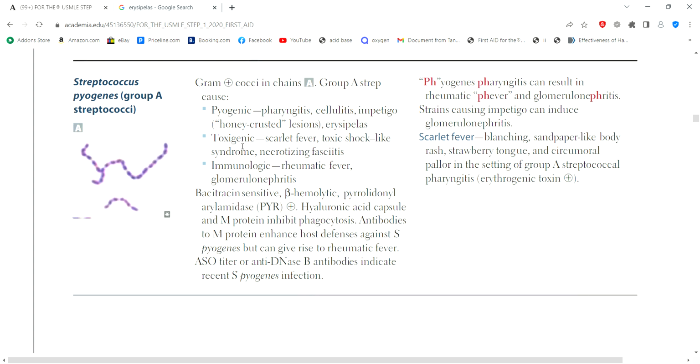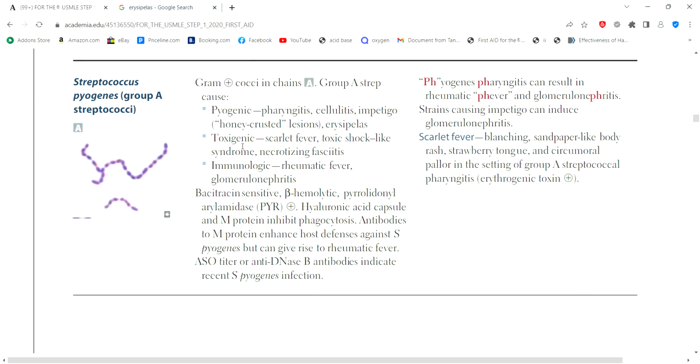Here we have ASO titer or anti-DNase B antibodies indicating recent Streptococcus pyogenes infection. DNase B is an enzyme found in strep pyogenes, so we make antibodies against this enzyme to fight it. So we can diagnose a recent Streptococcus pyogenes infection with anti-DNase B antibody.